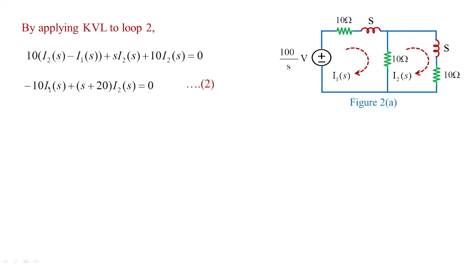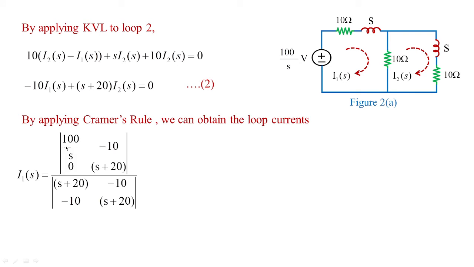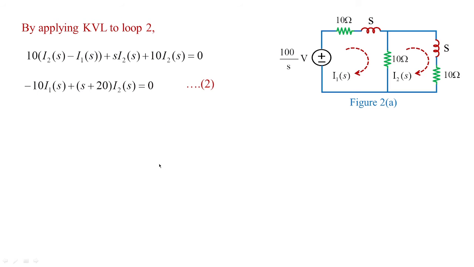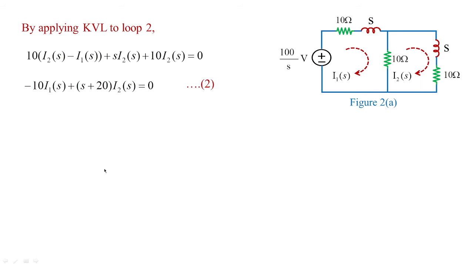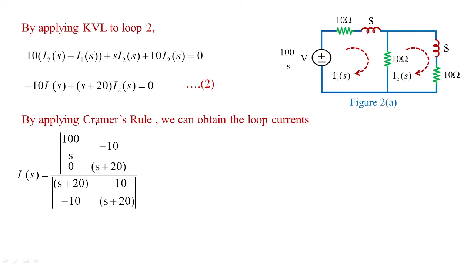So I1 of S can be replaced with the RHS values in this fashion: 100 by S and 0, minus 10 which we have obtained from equation 1, so minus 10 I2 of S. Okay, and equation 2 we have S plus 20, so that is how we are going to get 100 by S, 0, minus 10, S plus 20, and the determinant value of the matrix.